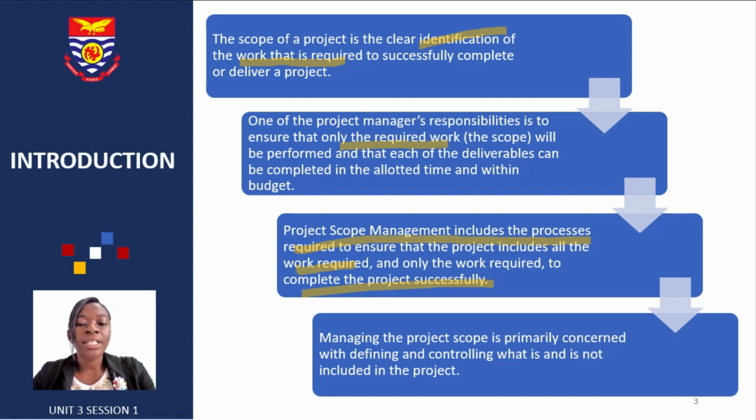So managing project scope is primarily concerned with, first and foremost, defining and then controlling what is and what is not in the project. Every project has to have a boundary. If there is no boundary, you don't know when you are going off and when you are in your yard.